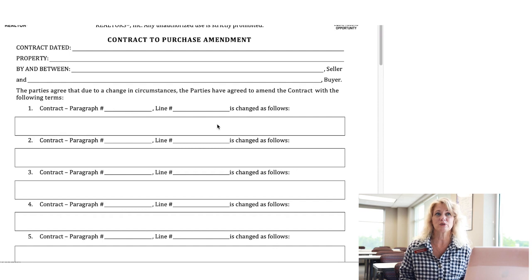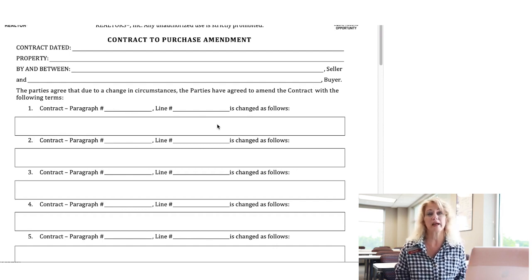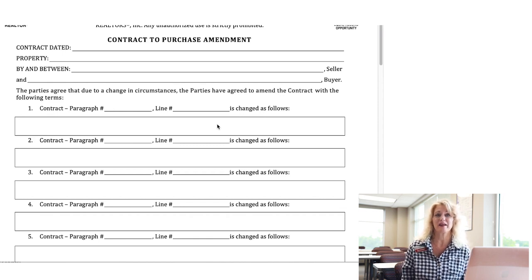Now, some scenarios that would require the purchase contract amendment would be the closing date. Say the lender, for whatever reason, can't close by the contract closing date. So you would utilize the contract to purchase amendment, write or type in the paragraph number and the line number that the closing date blank is on, and then closing date to be on or before whatever date the lender tells you, or whatever date the title company confirms.